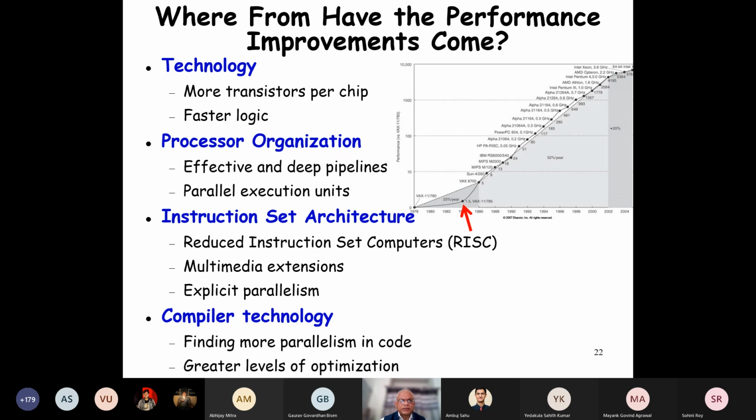We'll look at the RISC architecture and the CISC architectures, how RISC made it fast, the multimedia extensions, explicit expression of parallelism, and then the compiler technology has also played its role, finding parallelism in code and getting optimal code for the processor.